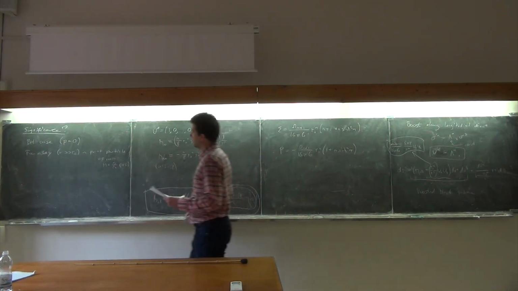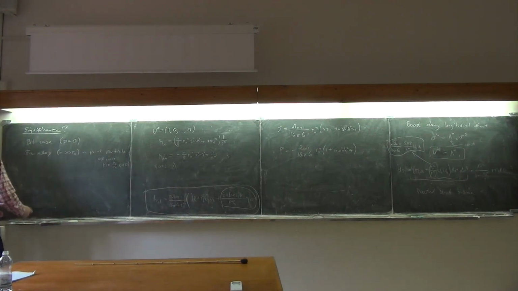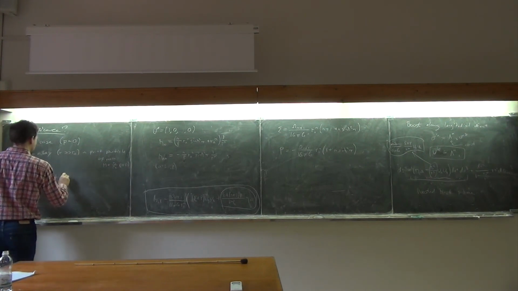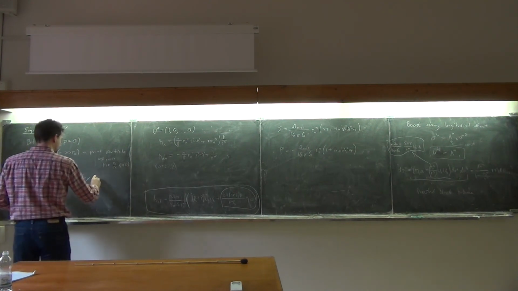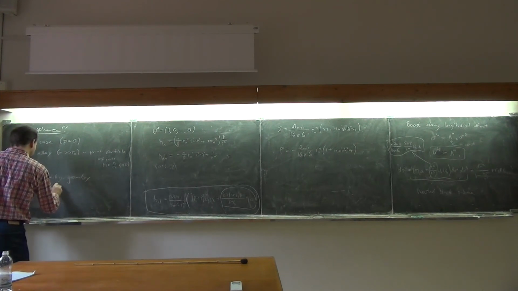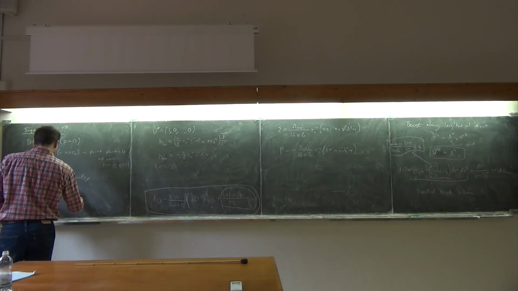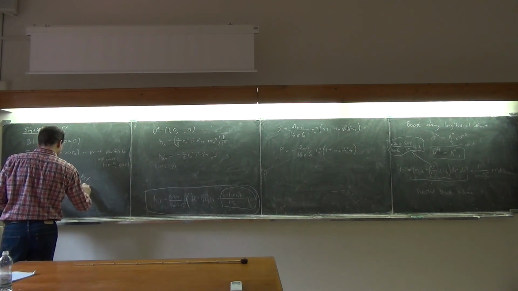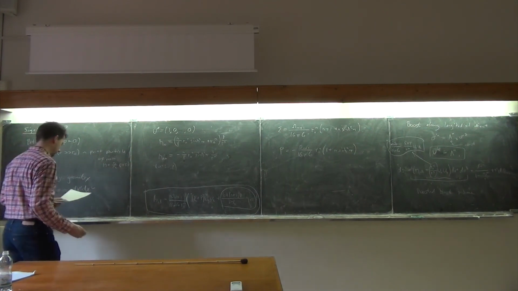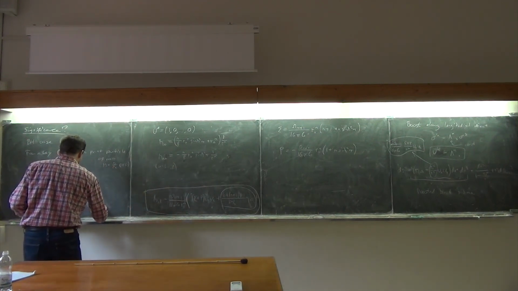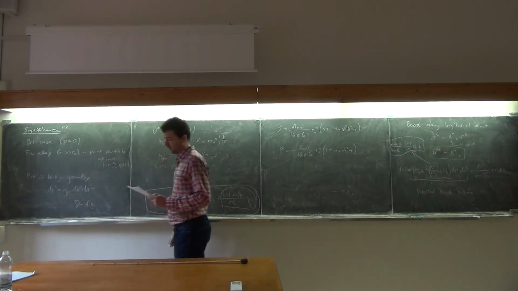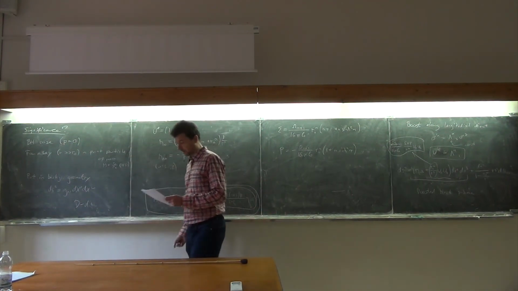But suppose now we want to insert this black hole in a background geometry. And suppose that this has metric g mu nu, and it's D-dimensional spacetime, just to be general.